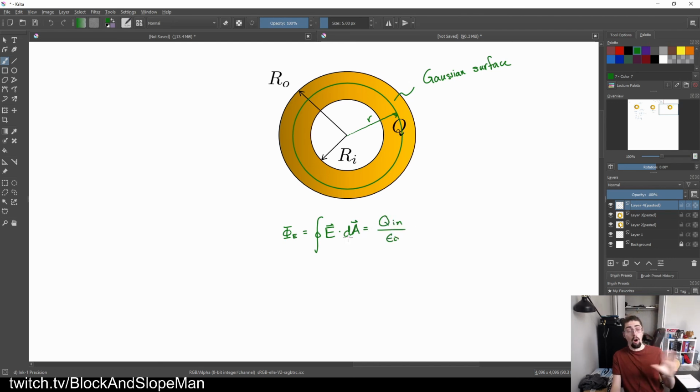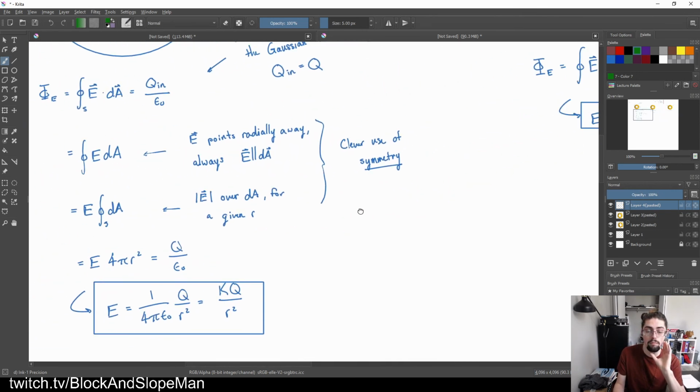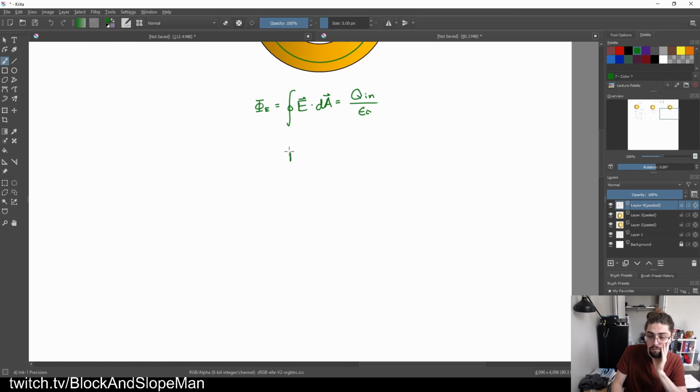And I can go through all of the exact same steps that I just did to resolve the left side of this. The integral side of this goes through all of the exact same arguments I saw in part 1. I end up with E 4 pi r squared is equal to q inside over epsilon naught.